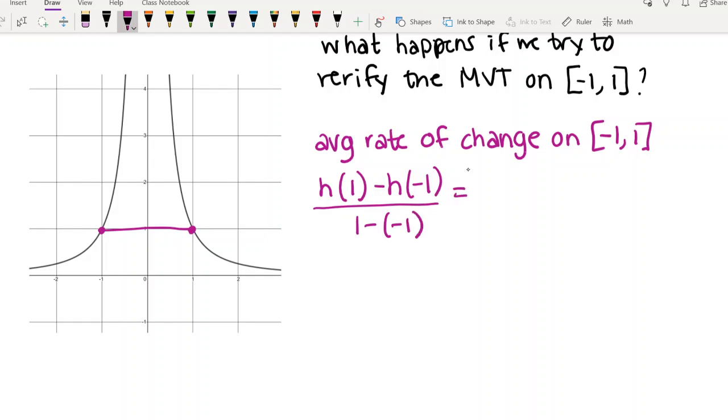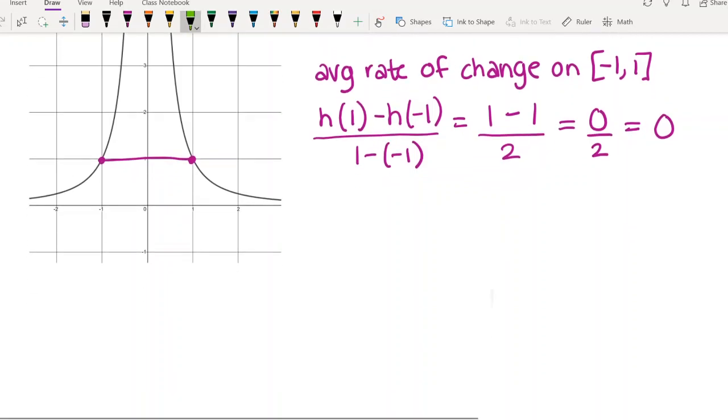So h of 1 is 1. h of -1 is also 1. So we have 0 over 2, which is 0. That in and of itself is not a problem, right? It's fine to have a slope equal to 0.